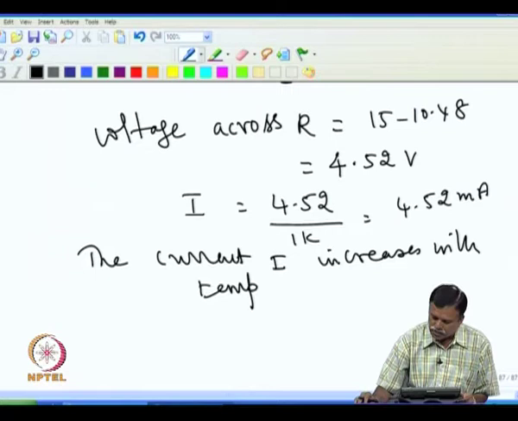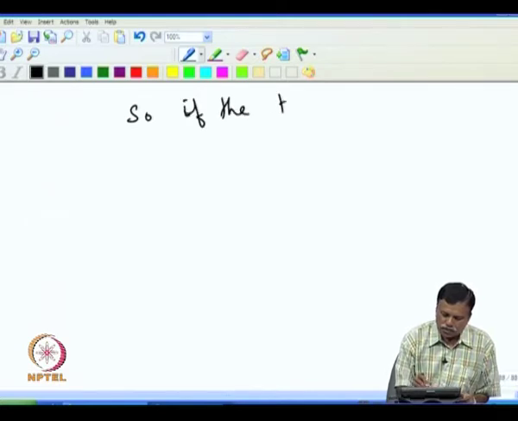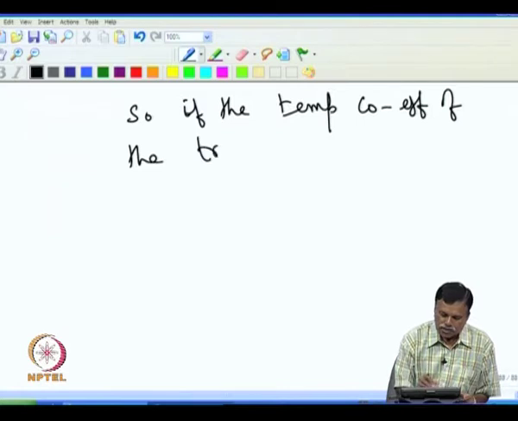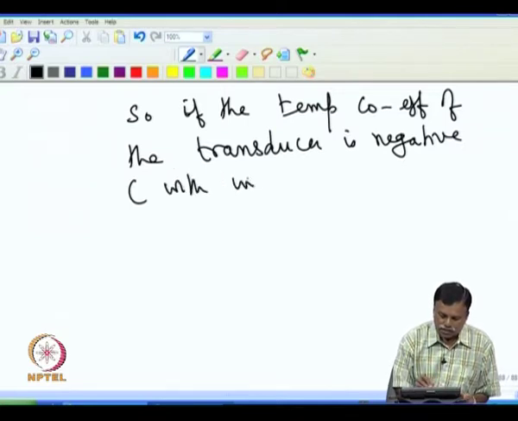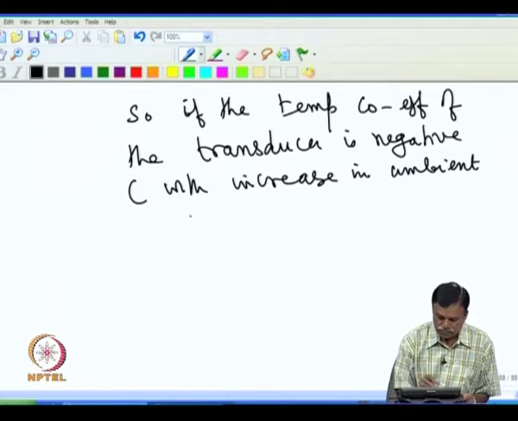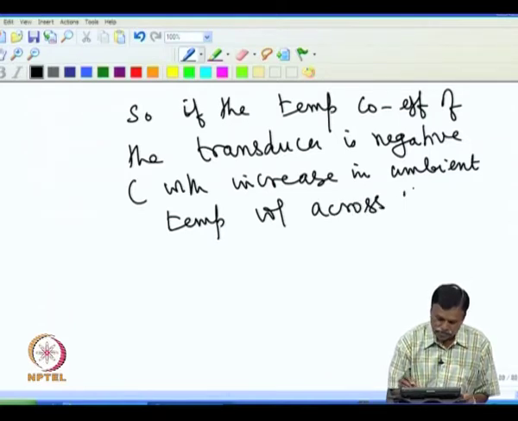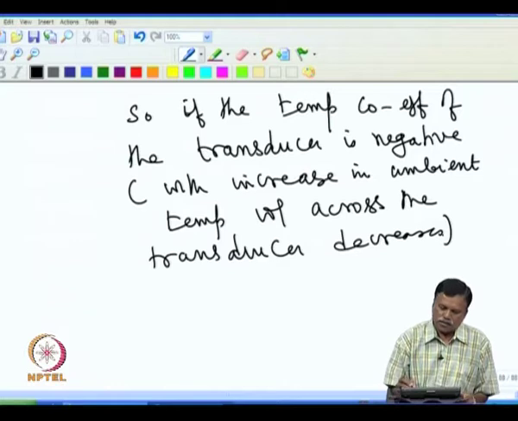If the temperature coefficient of the transducer is negative, meaning with increase in ambient temperature, the voltage across the transducer decreases. That is the meaning of negative temperature coefficient.